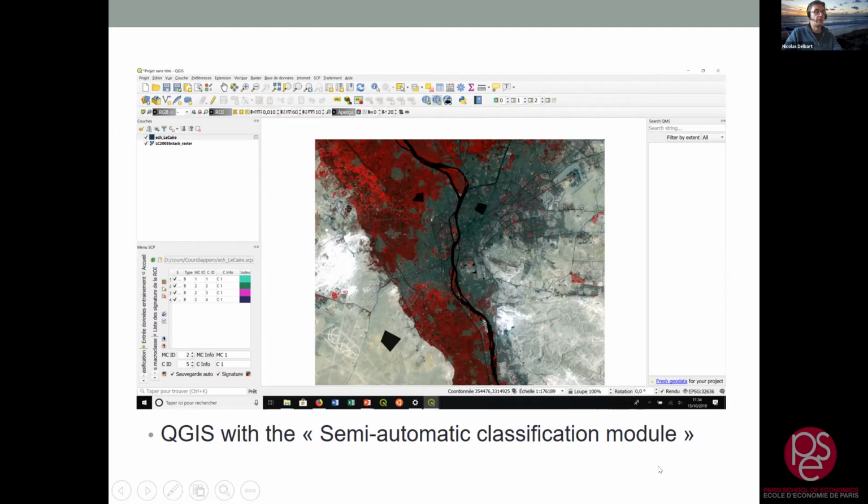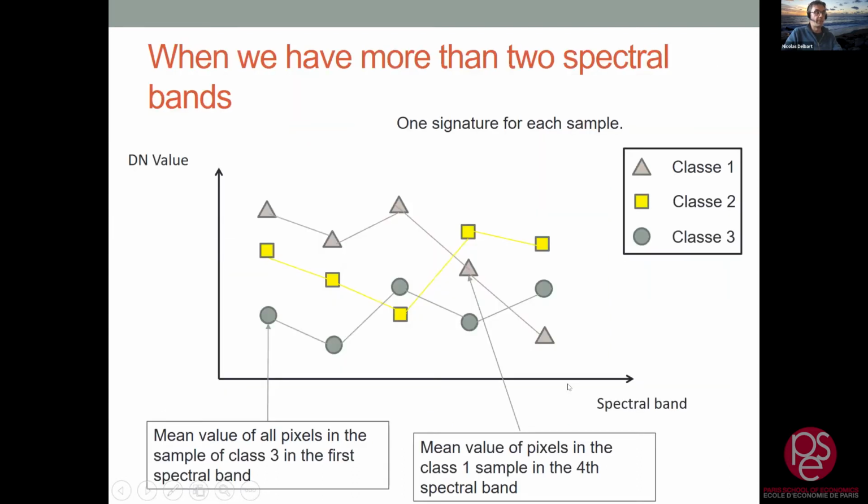So for each of the polygons, there is one more in the water. What will be done is to calculate the radiometric signature, exactly as before, but we have several spectral bands. Here in this example, we have 5 spectral bands. So for each class, we'll have a radiometric signature made of the average value of all the pixels.